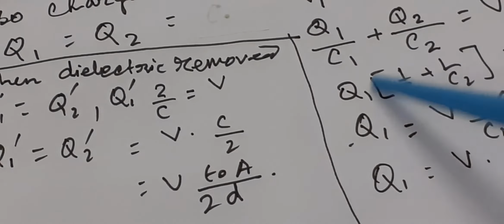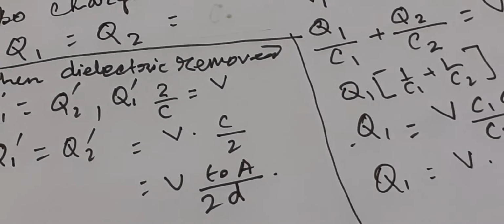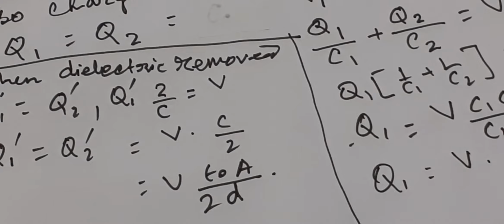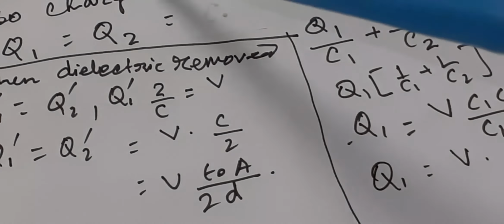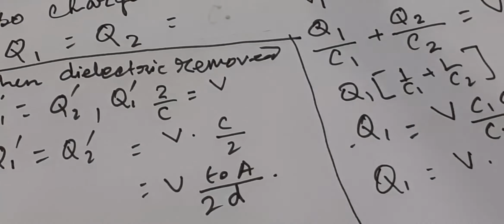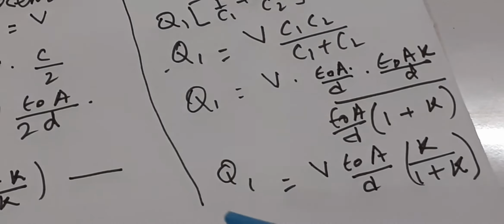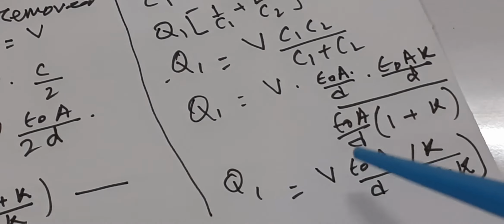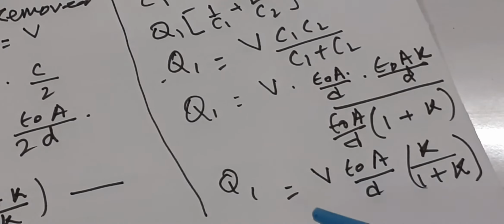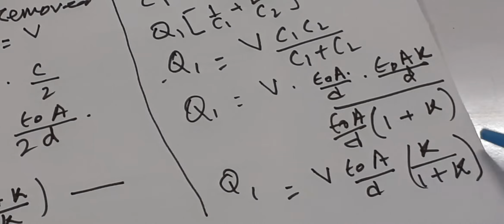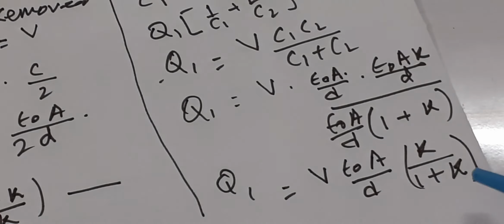Take out Q1 and you will get V equal to Q1 times C1 plus C2 divided by C1 C2. Substituting C1 and C2, ultimately you will get Q1 equal to Q2 equal to V epsilon naught capital A divided by D within bracket K divided by 1 plus K.